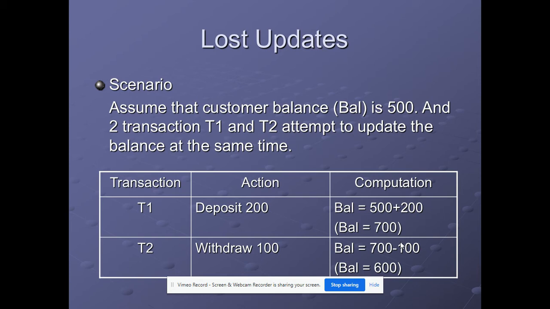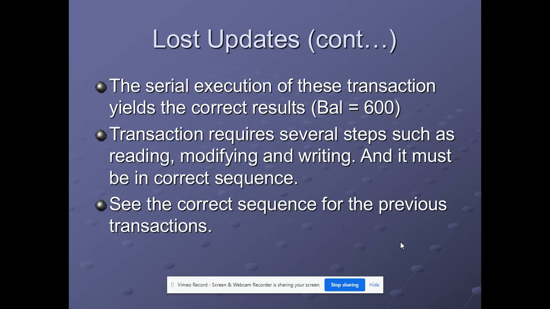We've got a table there. Transaction 1, action: deposit 200 in the bank. There was already 500, so we are adding 200 to the amount in the bank, which gives us $700. Transaction 2, withdraw $100. So the balance is 700 minus 100, because we have made a withdrawal of $100. So the balance is $600 here.